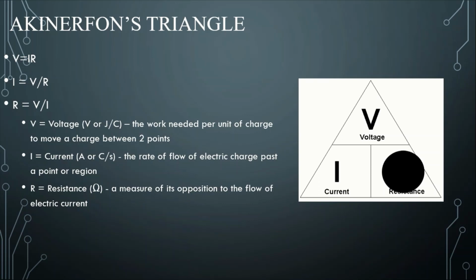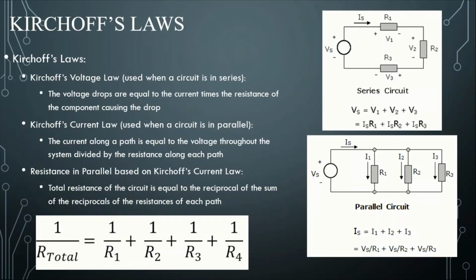Current is the rate of flow of electric charge past a point or region. This is measured in amperes, and I'll refer to it at one point as coulombs over seconds. And resistance is measured in ohms, and it's a measure of the opposition to flow of electric current.